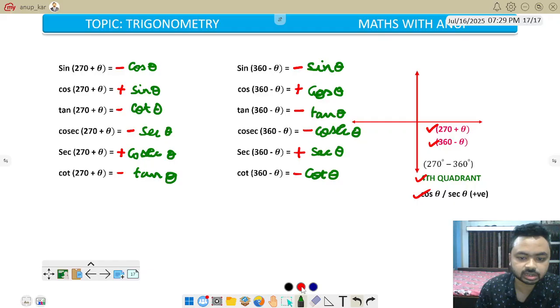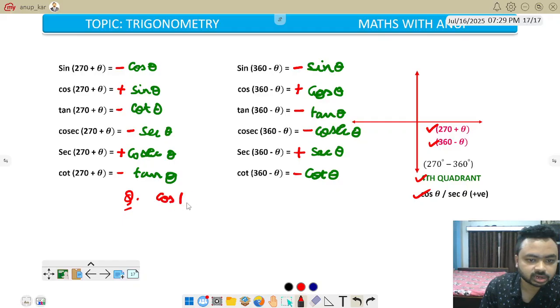So here we can take an example. Let's suppose you have been asked to find the value of cos 120 degree. We have to express it in terms of 90 degree, right?